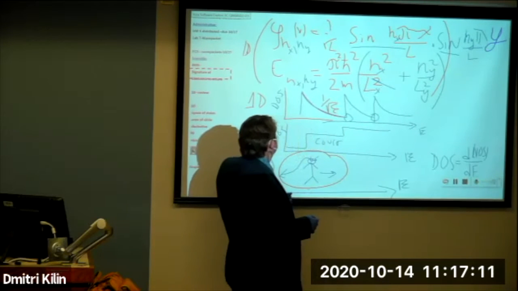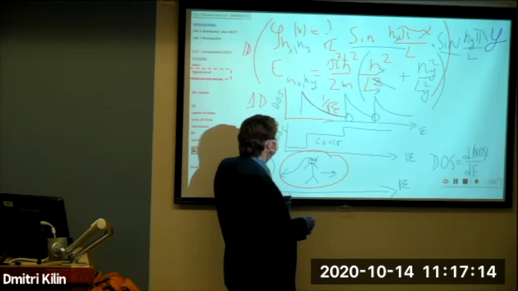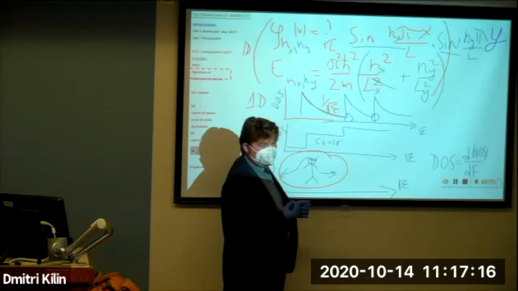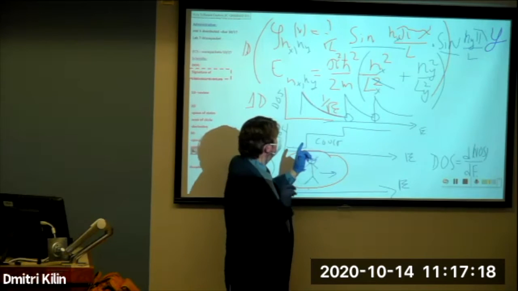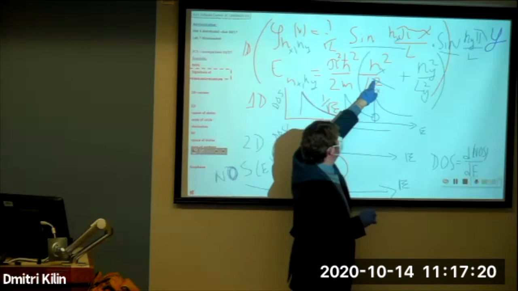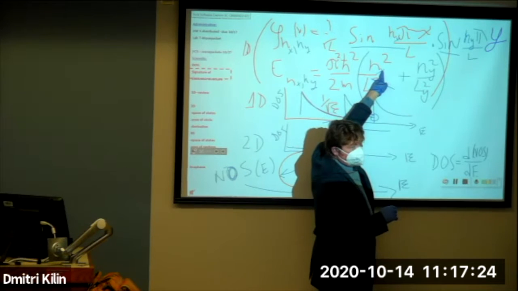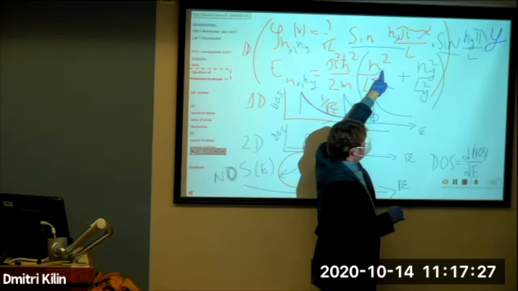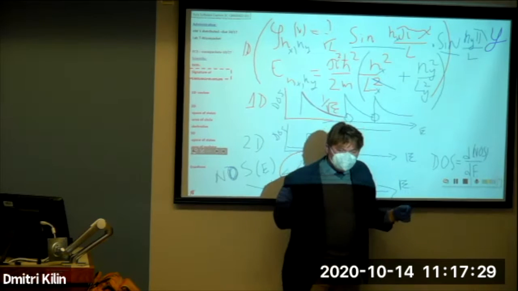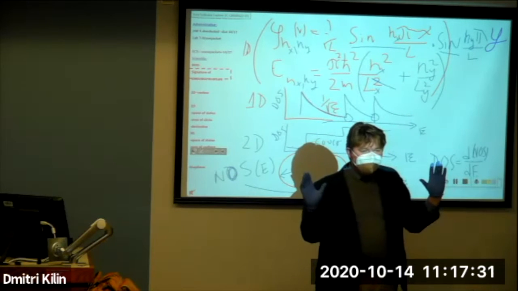Now, what about the energy? For a single particle in one dimension, the energy scales as the quantum number squared, right? In the box we have only kinetic energy.